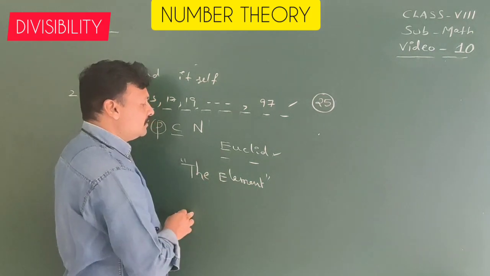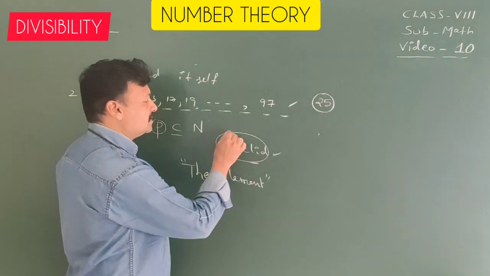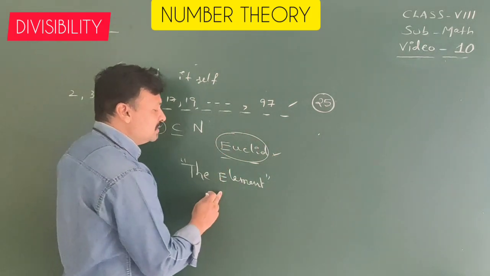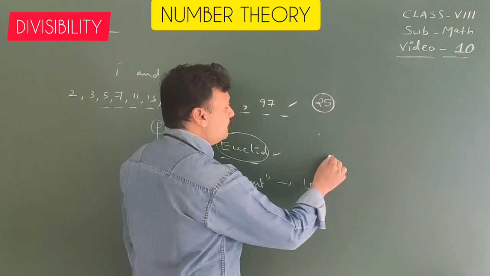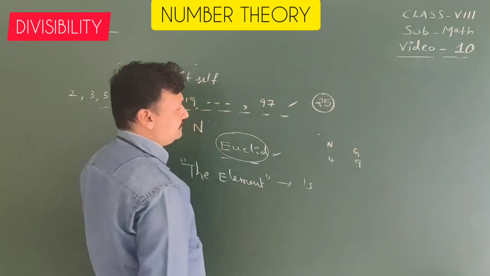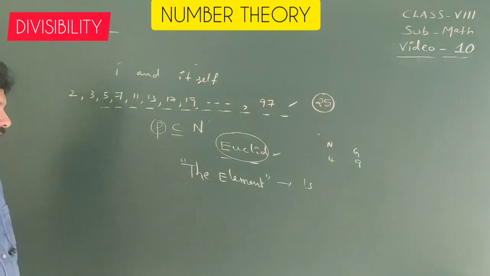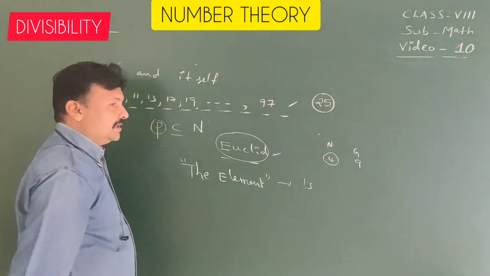From this book, you will find number theoretical proofs also. This book contains 13 parts. Out of 13, 4 are number theory and 9 are geometry. Okay, he gave some contributions to number theory also.